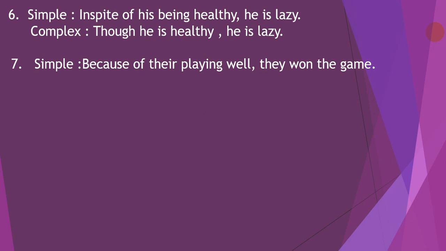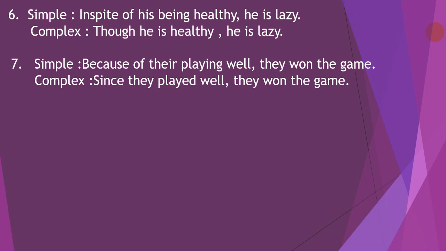At first we will write "since" because the idea refers to cause or reason. Then subject plus verb plus adjective or adverb or noun will be used. After that, the last part of the sentence will be used. Now the complex sentence will be: Since they played well, they won the game.